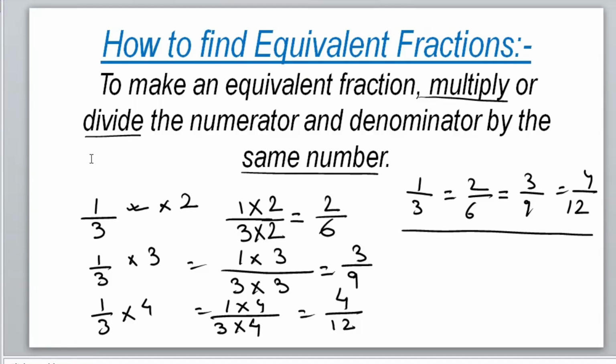You can't add or subtract, or you can't change the value of the number. You have to just use multiplication or division, and with the same number you have to multiply the numerator as well as the denominator. You have to just remember these things to find the equivalent fraction. Then you can easily find out the equivalent fraction.